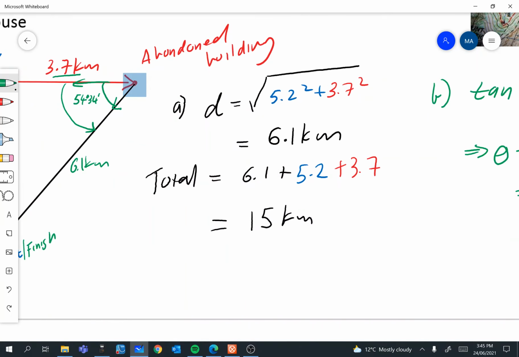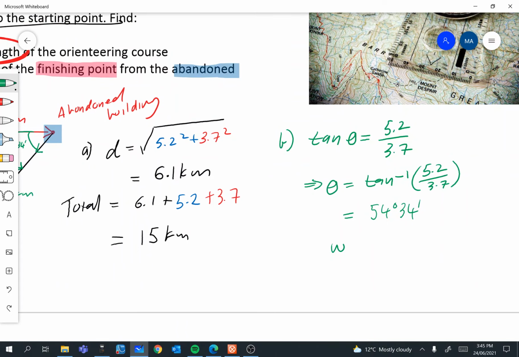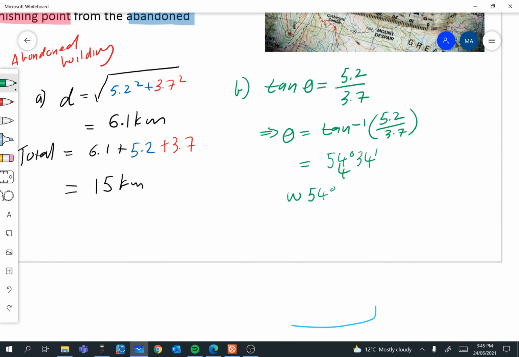So we say west 54 degrees 34 minutes. Beg your pardon, it's gone a bit funny on me. Just fix that up. 34 minutes towards south. Okay, so this is fine for this question, to give that as what we call a reduced bearing.